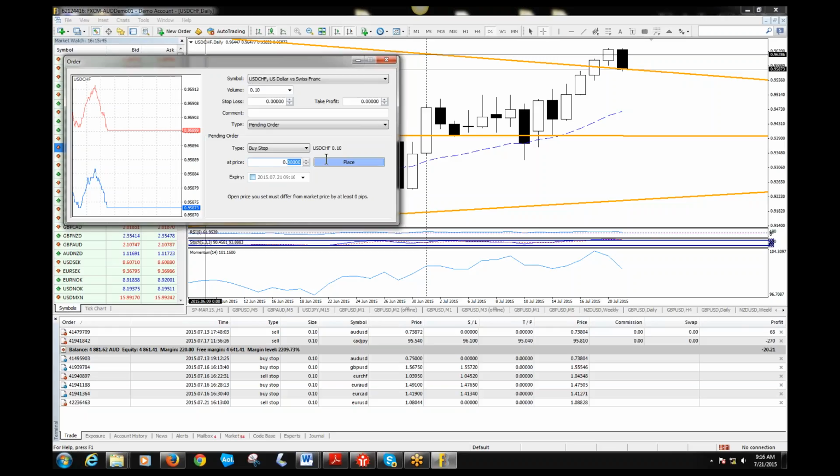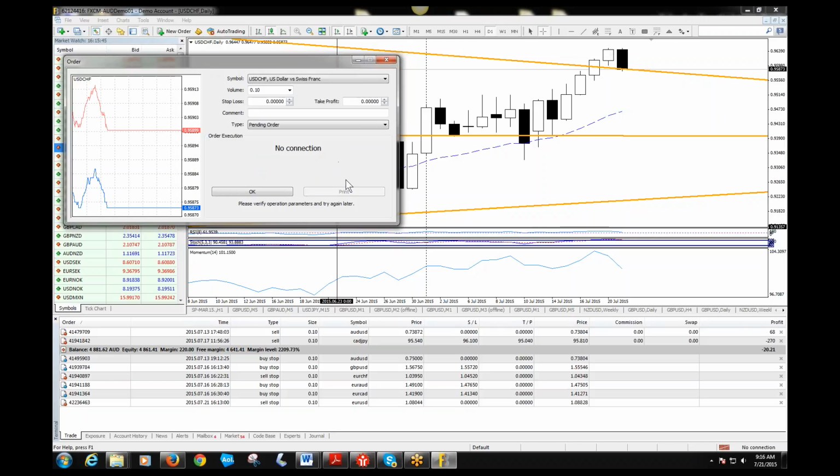Did I lose audio? No connection. Okay, I see a blurb here that just popped up on my GoToMeeting that says I lost connection, which means my internet's not going to act right for some reason.